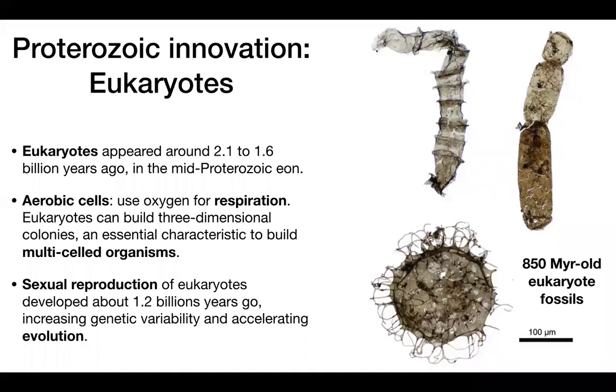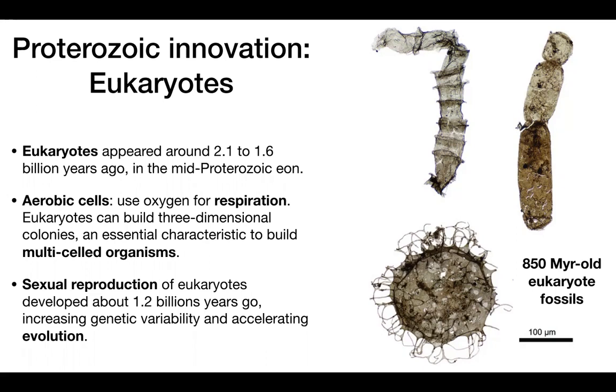A large evolutionary step occurred during the Proterozoic eon with the appearance of eukaryotes around 2.1 to 1.6 billion years ago. Eukaryotic cells are more complex, having nuclei and organelles. The nuclear DNA of eukaryotes is capable of more complex replication and regulation than that of prokaryotic cells.